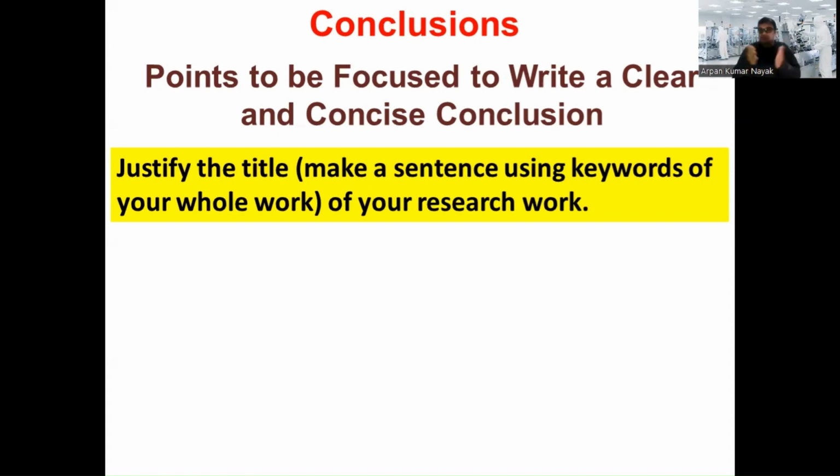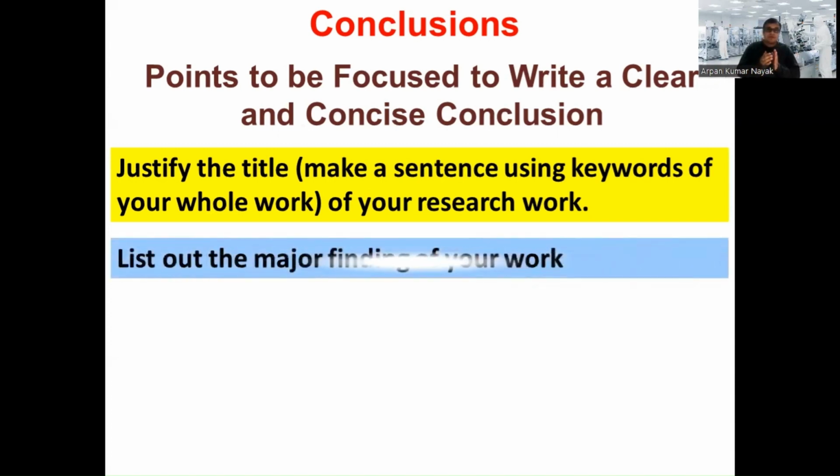The next thing you have to focus on is the major findings of your research work. So list out the major findings of your research work. The first sentence of the conclusion will be the whole story.